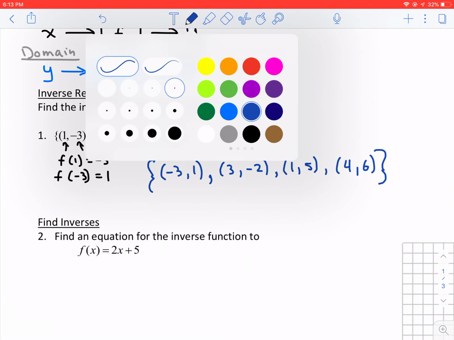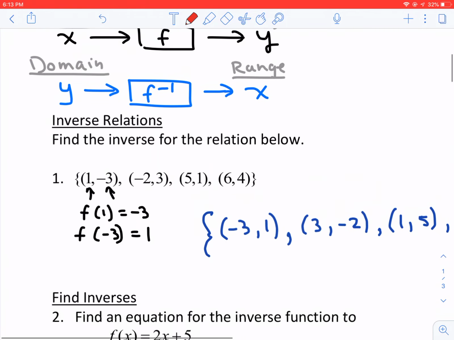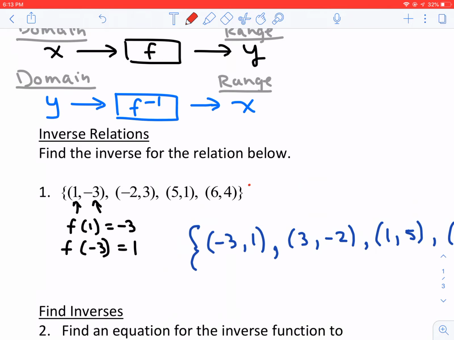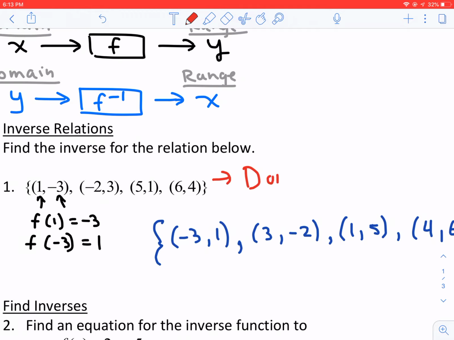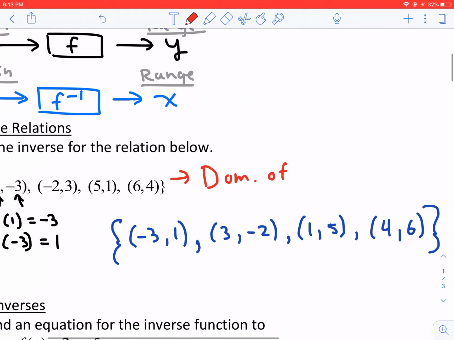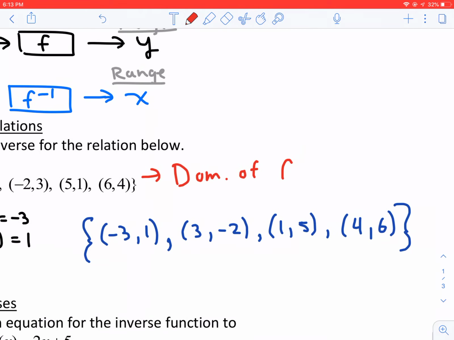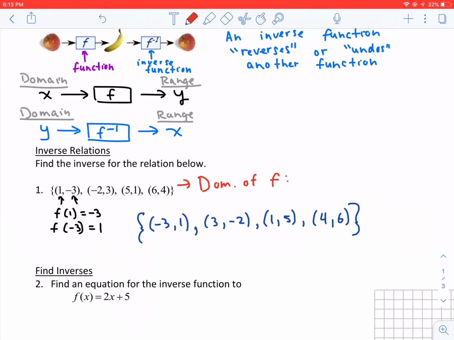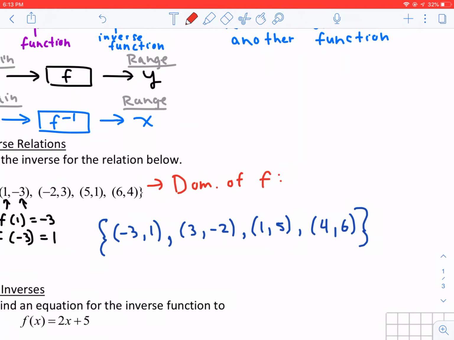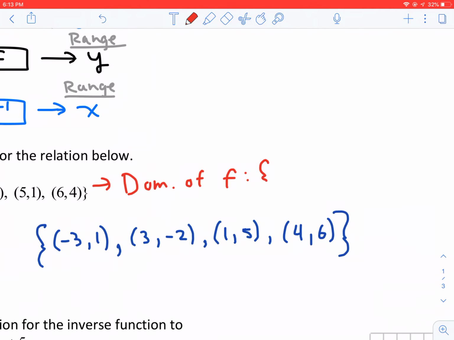And as you can see, the domain of our original function, I'm just going to call it f, was 1, -2, 5, 6.